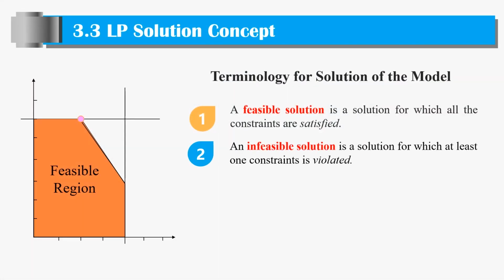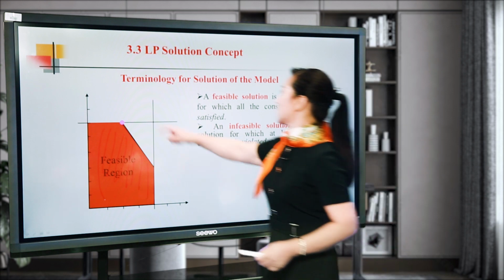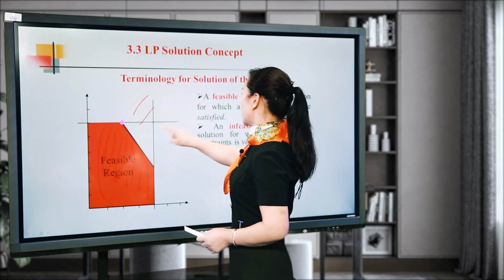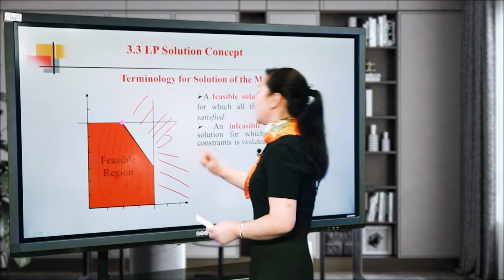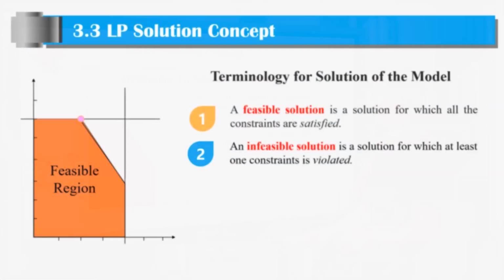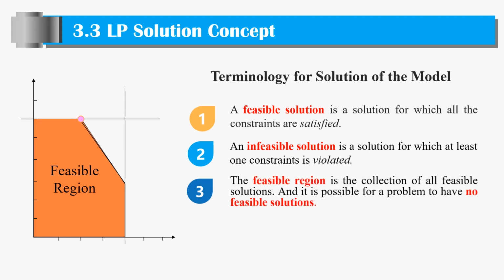An infeasible solution is a solution for which at least one constraint is violated. And this is an infeasible solution. A problem may have many infeasible solutions. A feasible range is the collection of the feasible solutions, and it is possible for a problem to have no feasible solution.